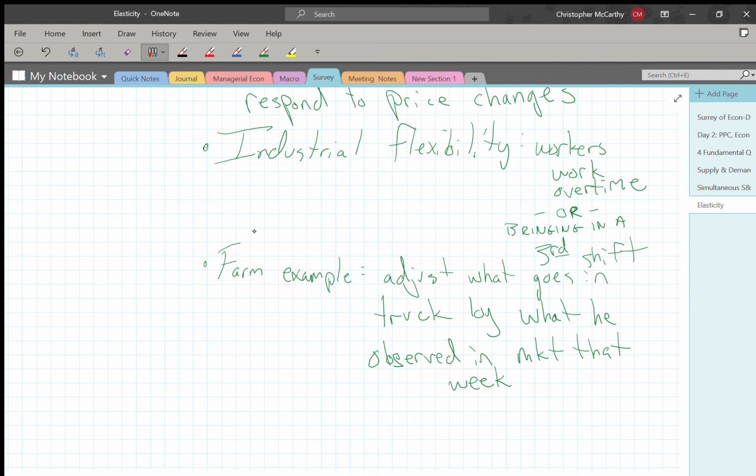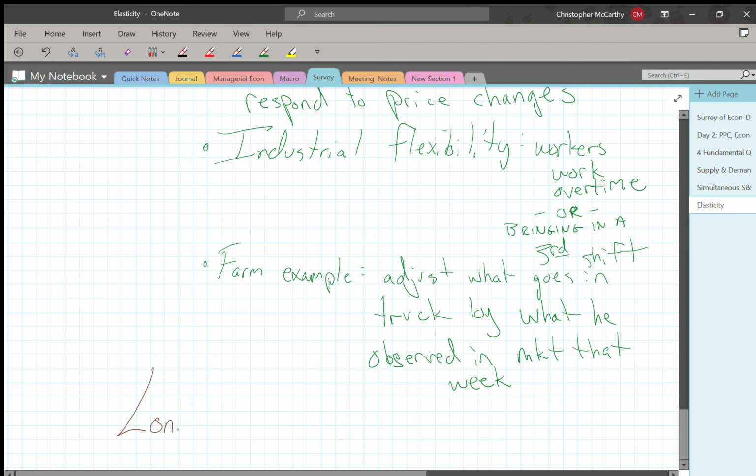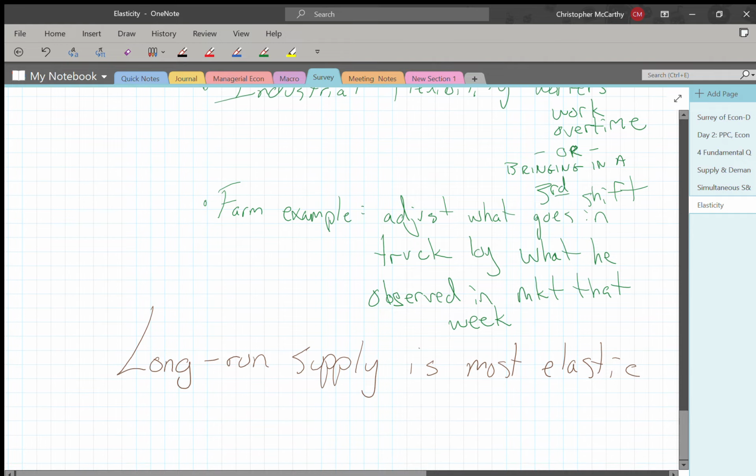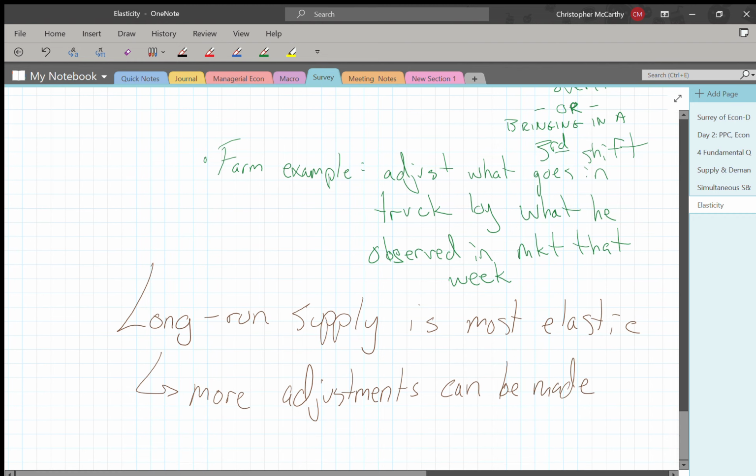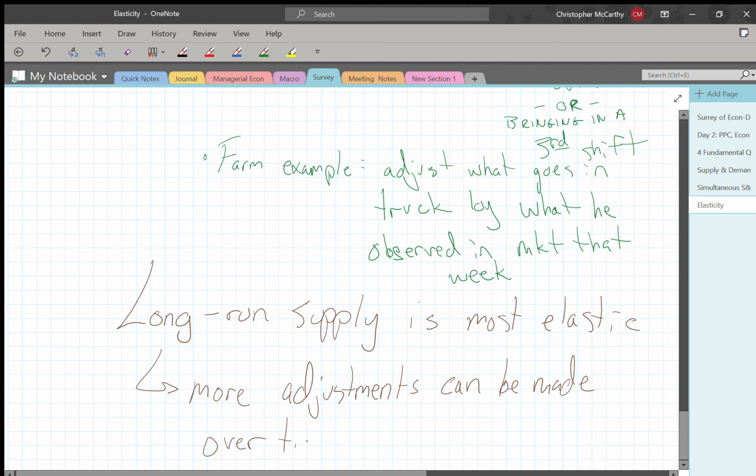Our long run supply is the most elastic. So it's more adjustments can be made over time, and the quantity supplied can be changed in response to relatively small changes in price.